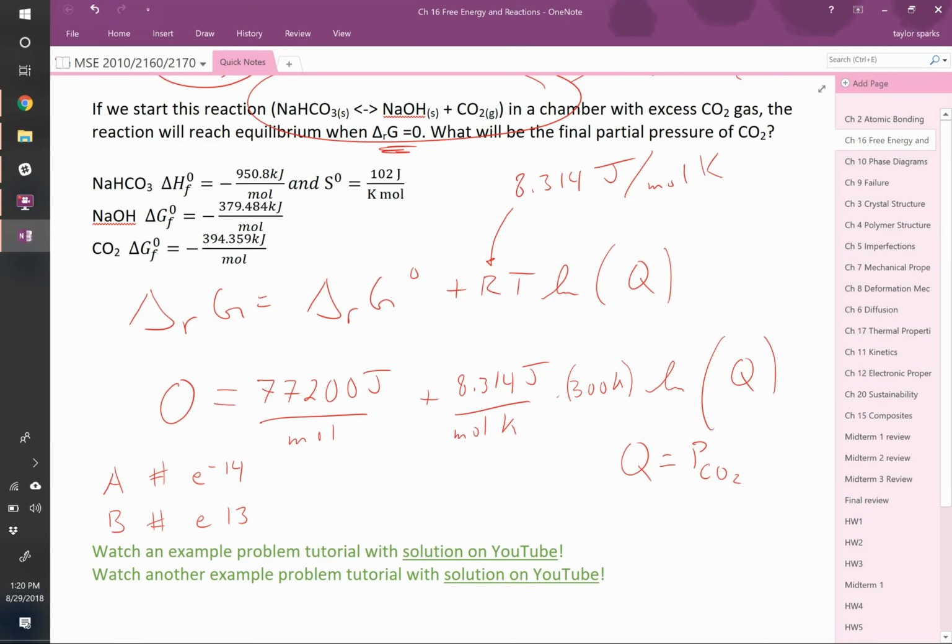Will you just go over why partial pressure doesn't have an exponent? Okay, so it does have an exponent, but if you look at the chemical reaction, it's 1 mole of NaHCO3 yields 1 mole of NaOH and 1 mole of CO2. So the coefficient in front of CO2 is just 1. Therefore, that becomes the exponent. That's why I've left it off. If we wanted to be complete, you could put 1 there, but it's just the same. Any other questions?